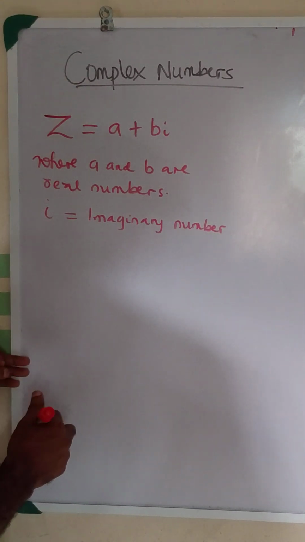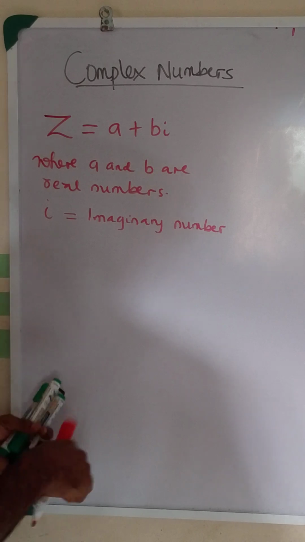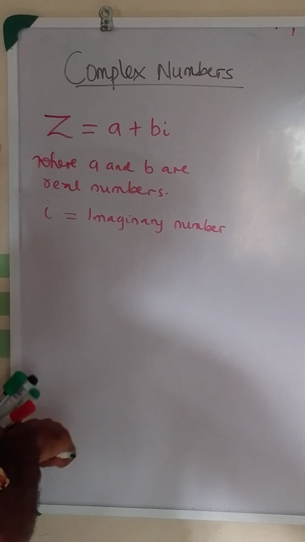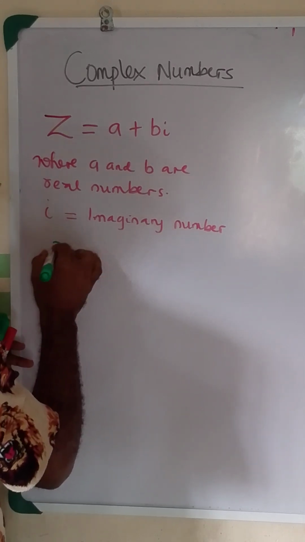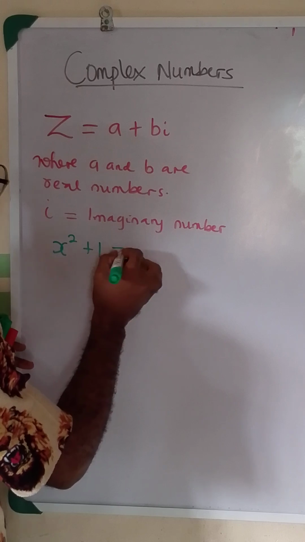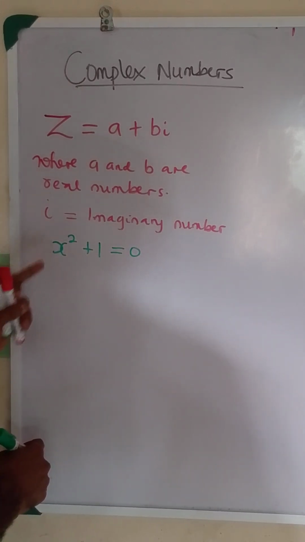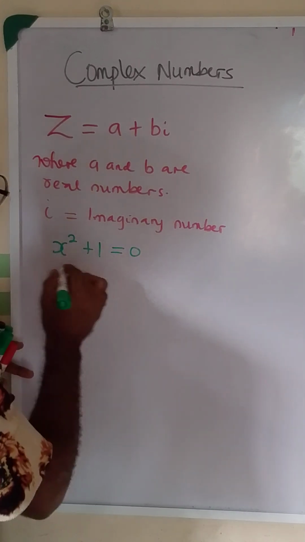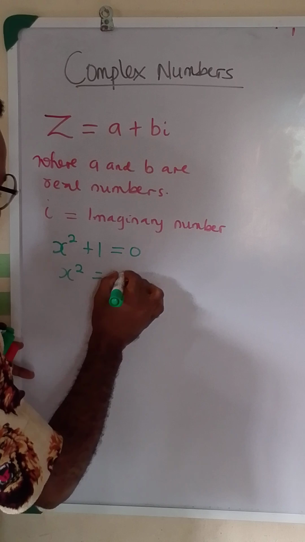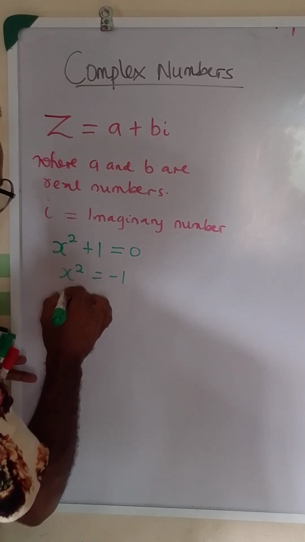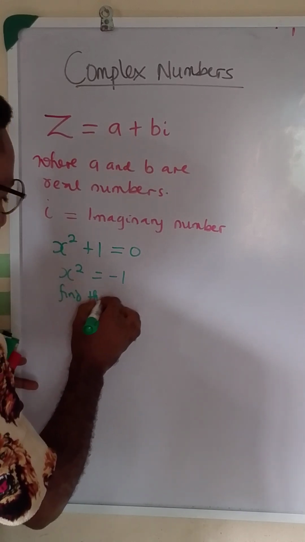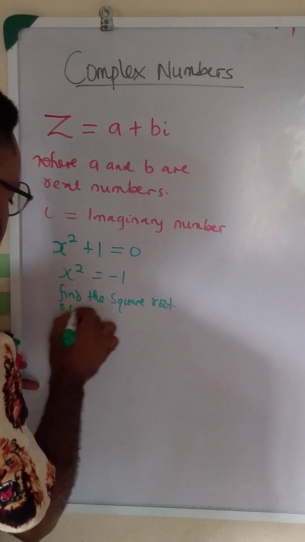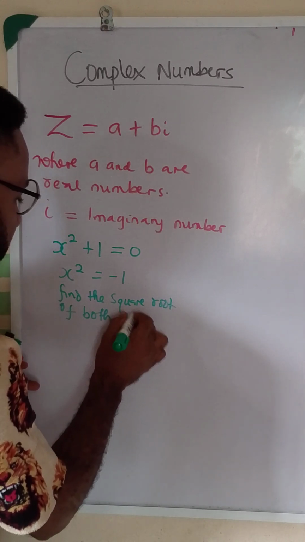this is basically an introduction to complex numbers. So if we have x squared plus 1 equal to 0, and we have to find the value of x, for instance, we move the 1 to the right hand side. So we have x squared equal to minus 1, and to solve this we find the square root of both sides.